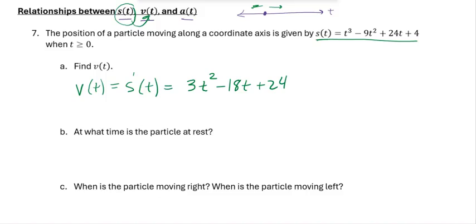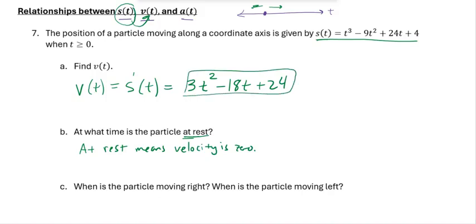B, at what time is the particle at rest, meaning not moving? Another way to think about this is, at rest means velocity is 0. Since we have a velocity function from above, this is kind of asking us an algebra question. When is this function 0? Oh, okay, it's an equation. We can solve it. Looks like a quadratic, and notice everything's divisible by 3.